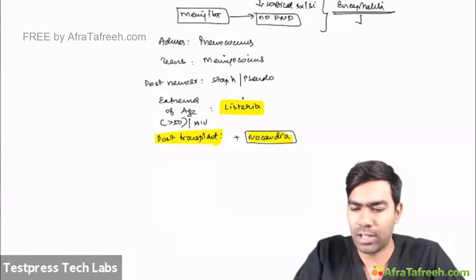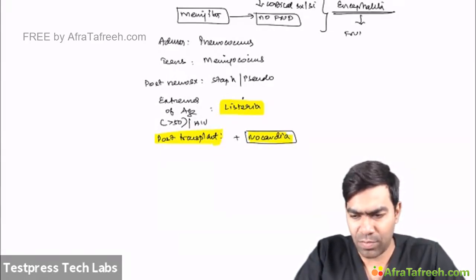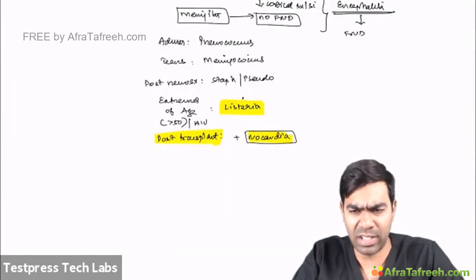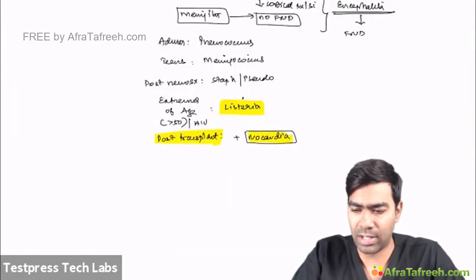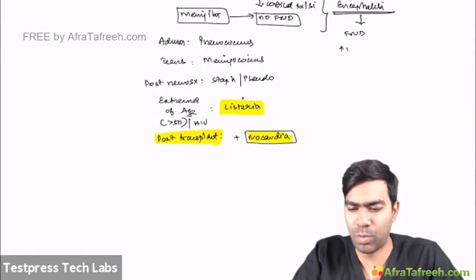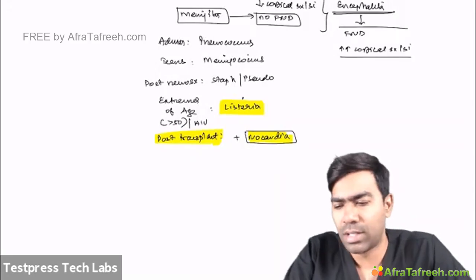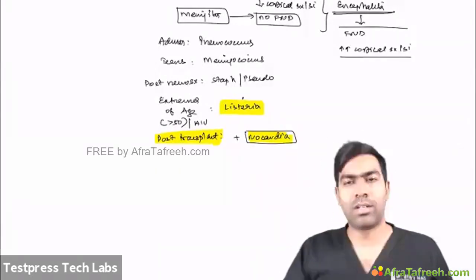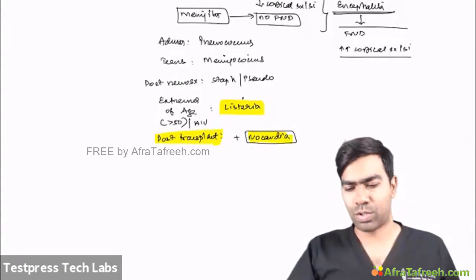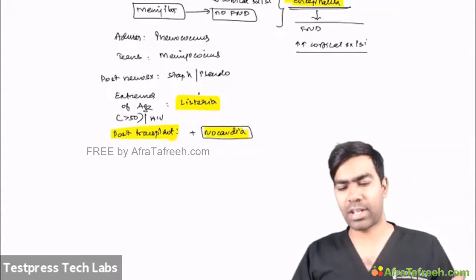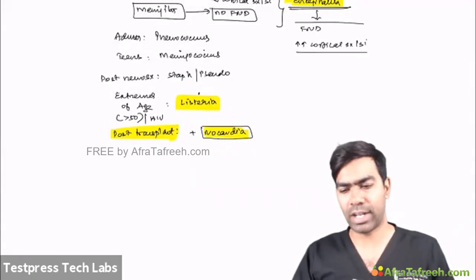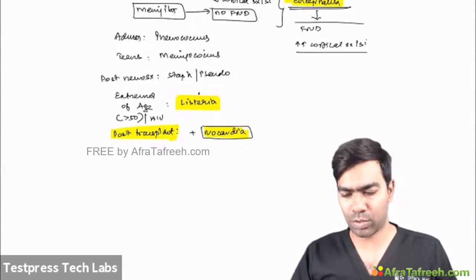In this setting, you will have an associated focal neurological deficit like cranial palsies and all this stuff, and there will be severe cognitive dysfunction and more cortical symptoms and signs. The presence of focal neurological deficit usually points towards encephalitis. If you have meningitis and encephalitis together, that's called meningoencephalitis. Clinically, it's very difficult to diagnose them, and you need imaging techniques also.